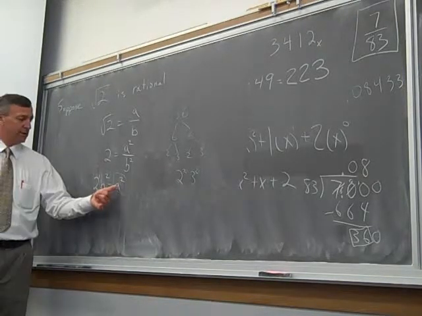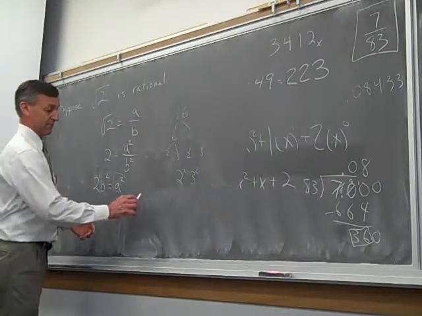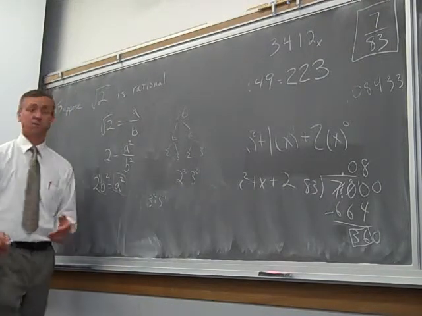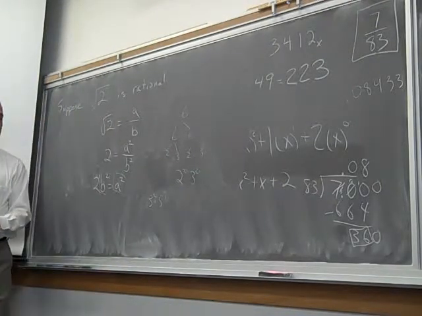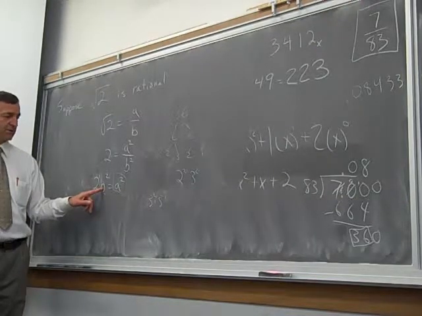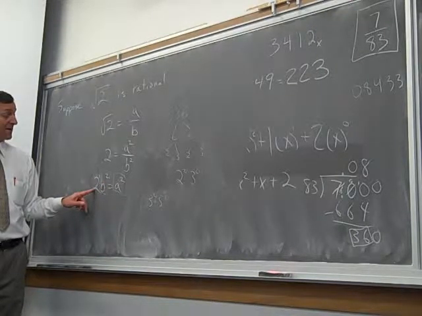Let's say there aren't any 2's. Let's say our perfect square is 3 squared times 5 squared. That's 15 squared, or 225. It still doesn't matter. There's 2 factors of 3 in here and 2 factors of 5 in here, but there aren't any 2's.